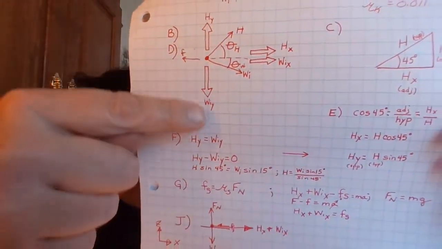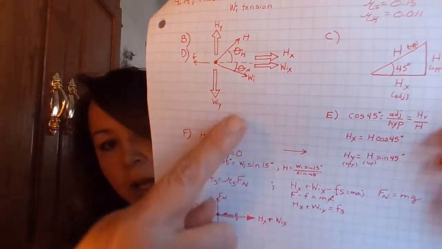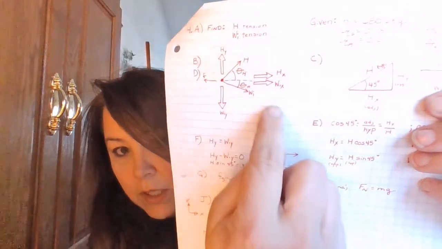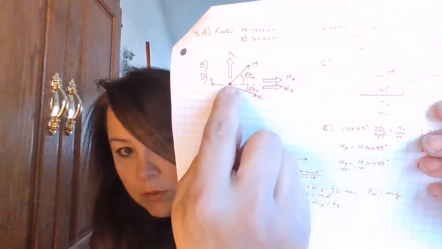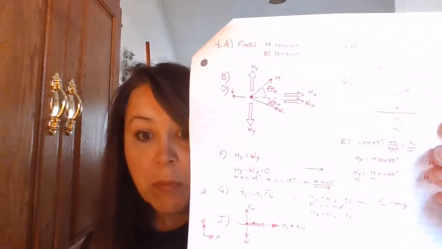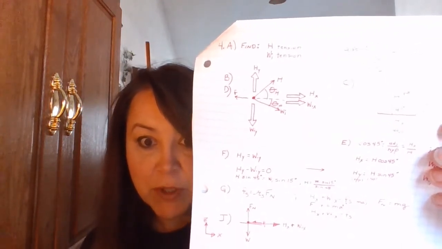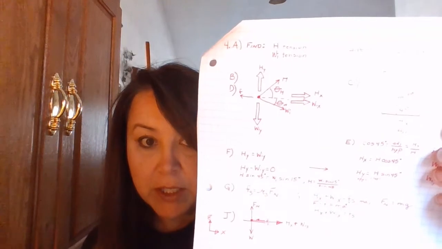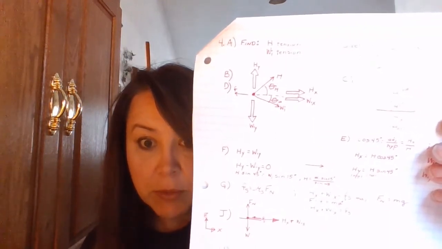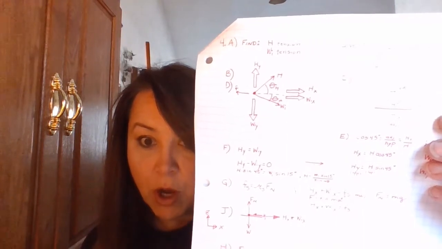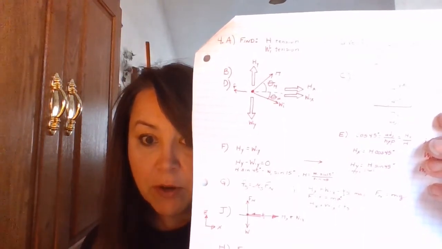Then we have WY and WX. It's a resolved force based on this. So in our imaginary free body diagram, which is what the resolved forces diagram is, H disappears and WI disappears, and we're left with those open arrow vectors.